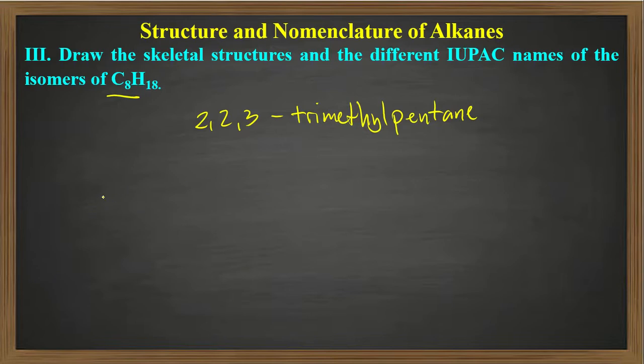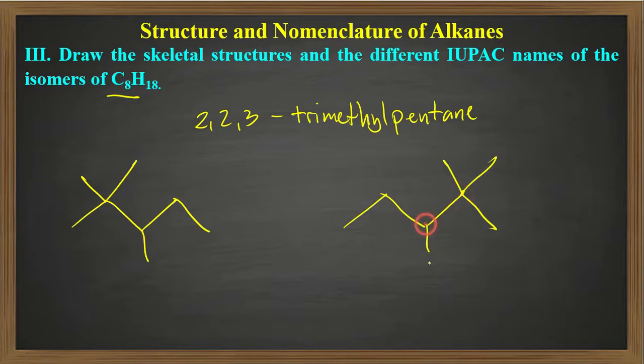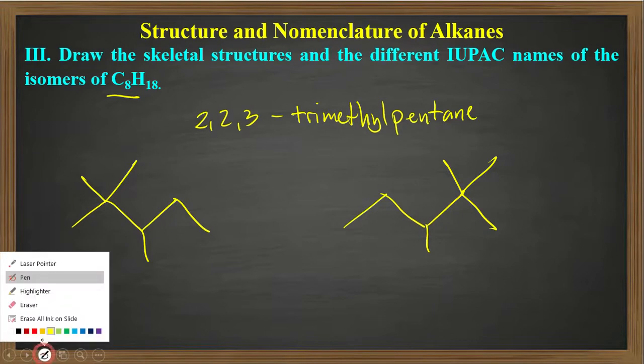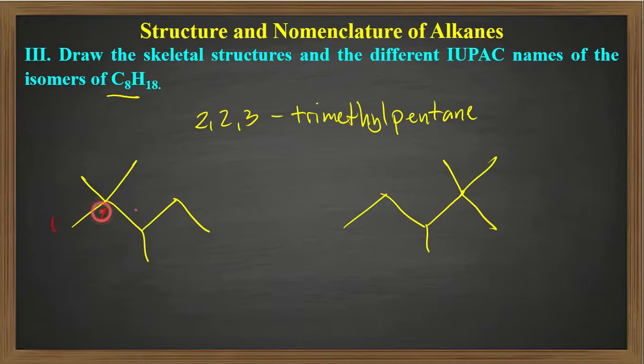So first, let's do the parent chain. 2, 3, 4, 5. So we have here methyl, methyl, methyl. They're the same structure. 1, 2, 3, 4, 5.